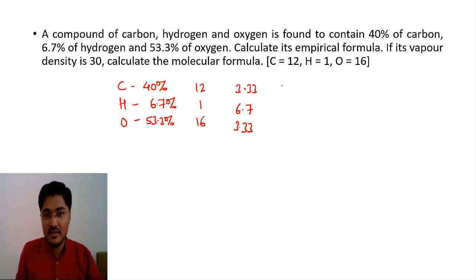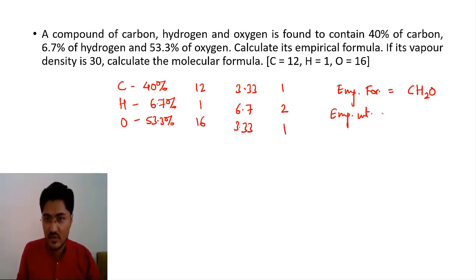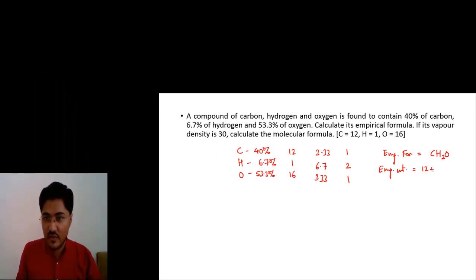Dividing by the smallest number, we get 1:2:1. So the empirical formula will be CH2O, and the empirical weight comes out to C, that is 12 plus 2 plus 16.